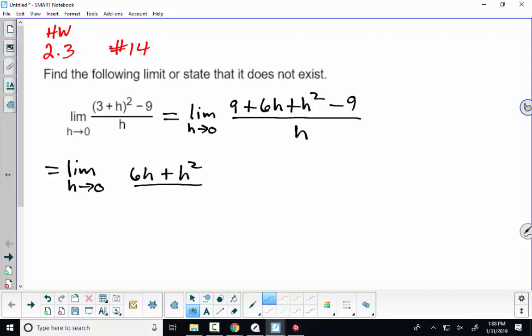Now we have a factor of h in the numerator that can come out. So that's 6 plus h. As h approaches 0, that's 6 plus 0, which is 6.